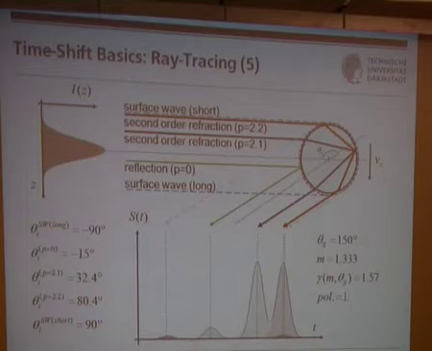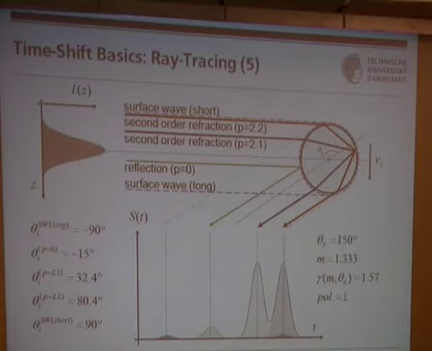As you can see, the particle transforms the beam in space into a time signal, and we call this signal the time shift signal. Especially here you can see that in the time shift signal you can separate different scattering orders and their modes in time. This is, for example, two modes of second order refraction, and this is reflection.